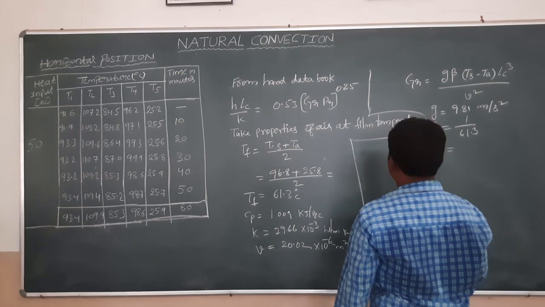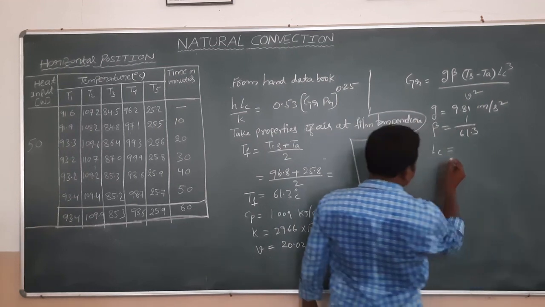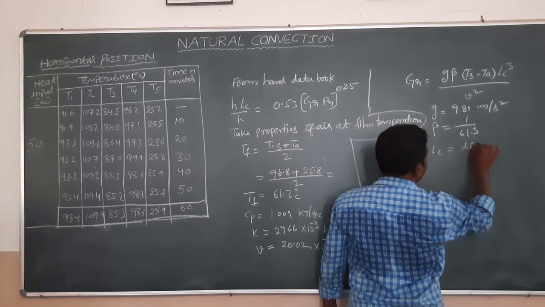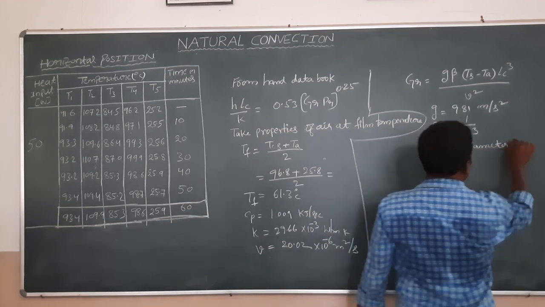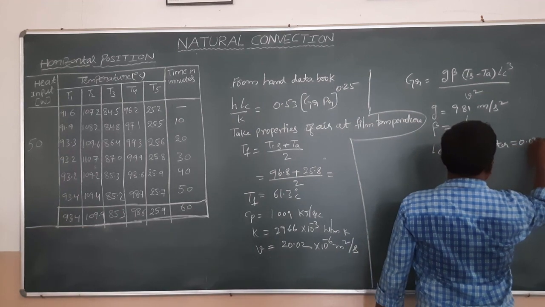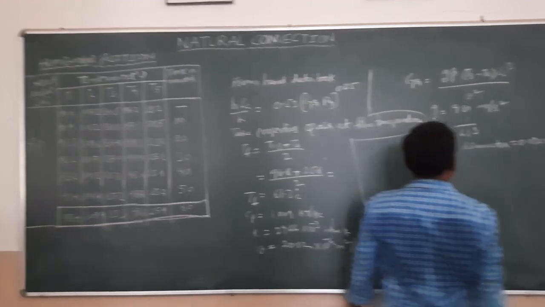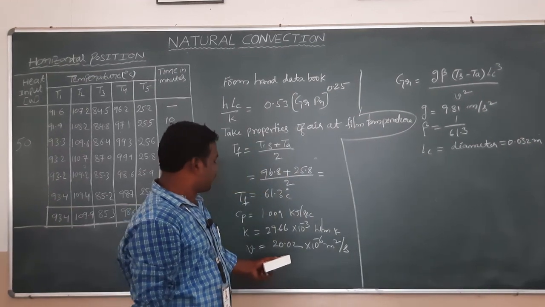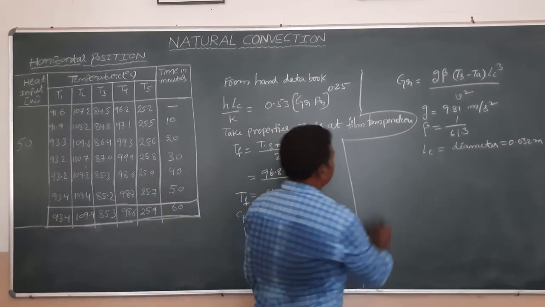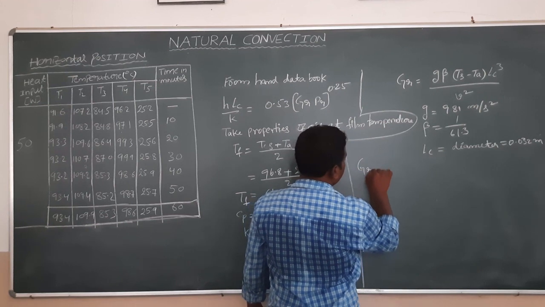Keeping the rod in horizontal position, the characteristic length Lc equals the diameter, equal to 0.032 meters, and the kinematic viscosity value is obtained from the properties table. So, substitute all these values and we will get the Grashof number.